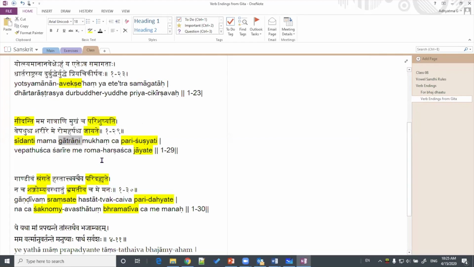Gatrani. Remember we discussed the neuter form, karmani, gatrani, plural, first case plural. So sidanti, it is the plural form of the verb. It comes with gatrani. Gatra means limbs. So limbs are shaking, sidanti, or limbs are becoming lifeless.